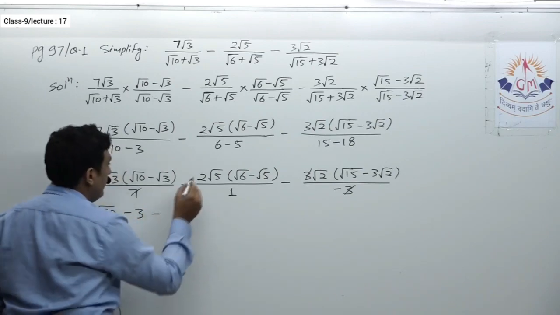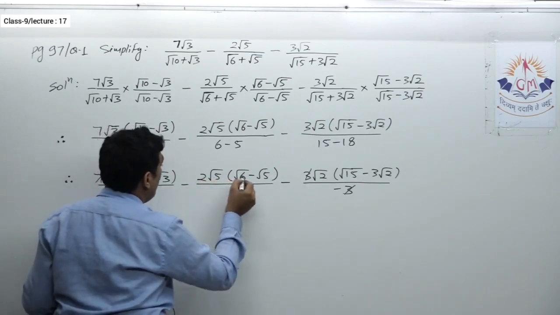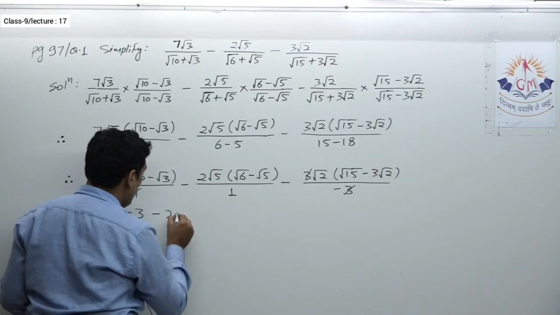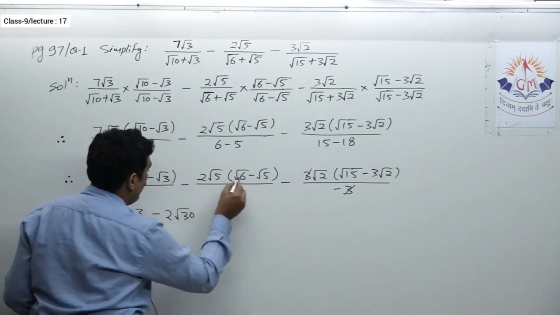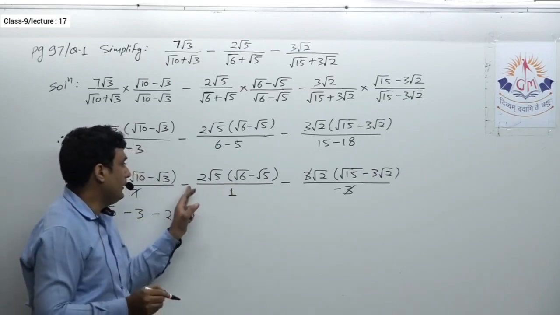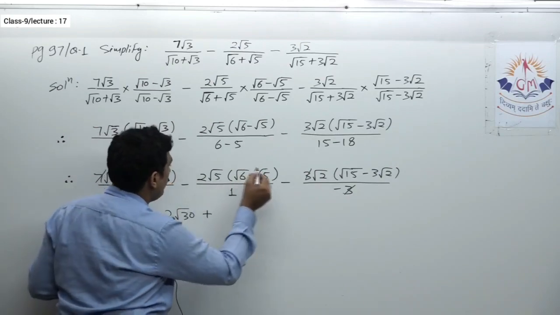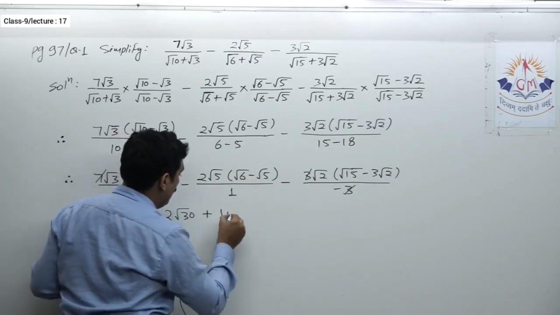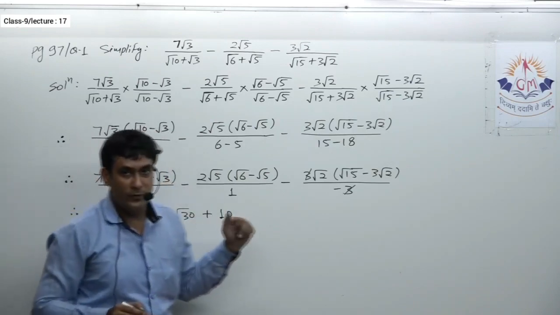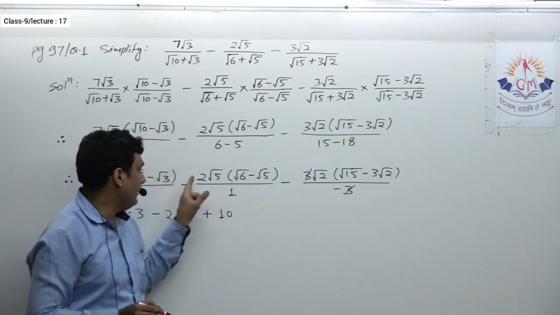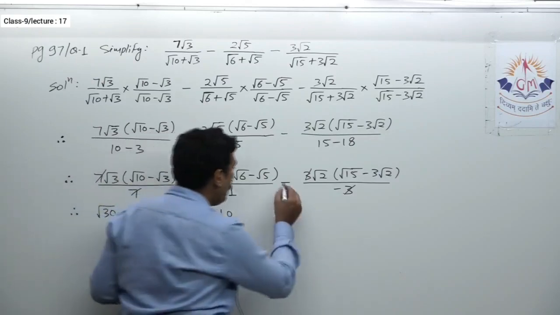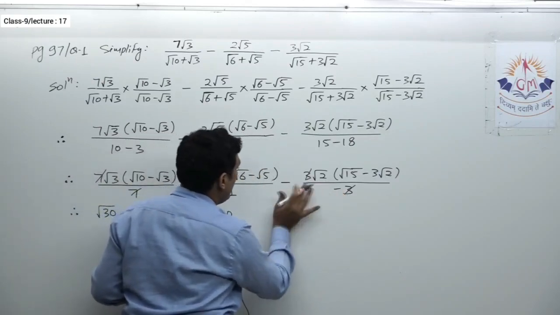Here again 1 is there, so 2 root 5 into root 6 is 2 root 30, and root 5 into root 5 is 5, with negative sign. Now this minus and minus become plus. 2 root 5 into root 5: root 5 into root 5 is 5, 5 multiplied by 2 is 10, minus minus plus, so this remains positive.